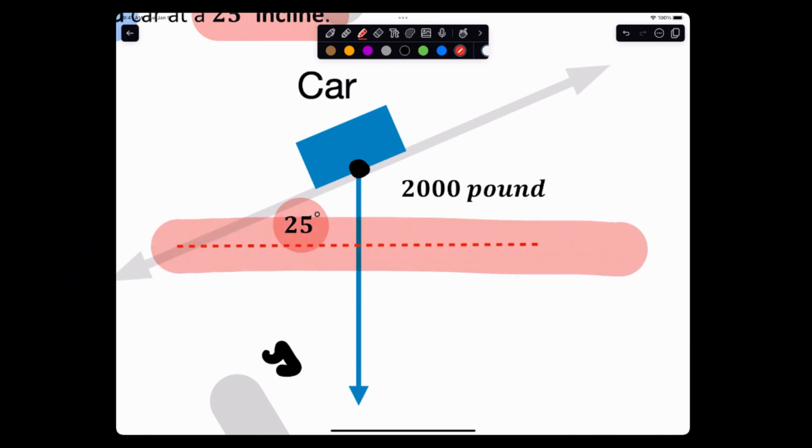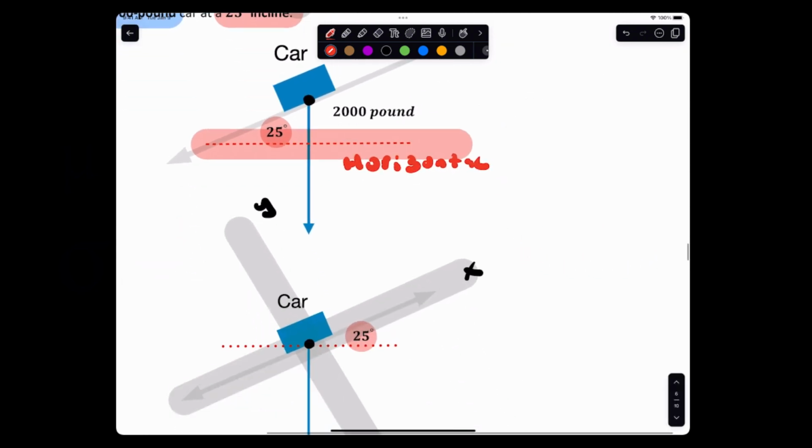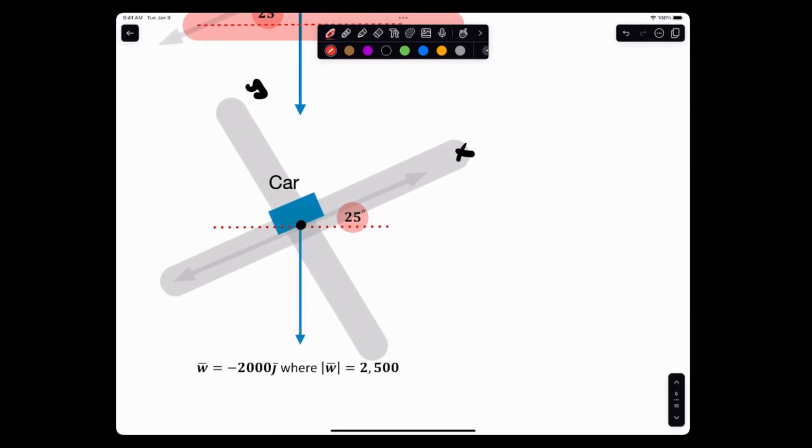This line is called a horizontal. And there's a 25-degree angle there. Okay?